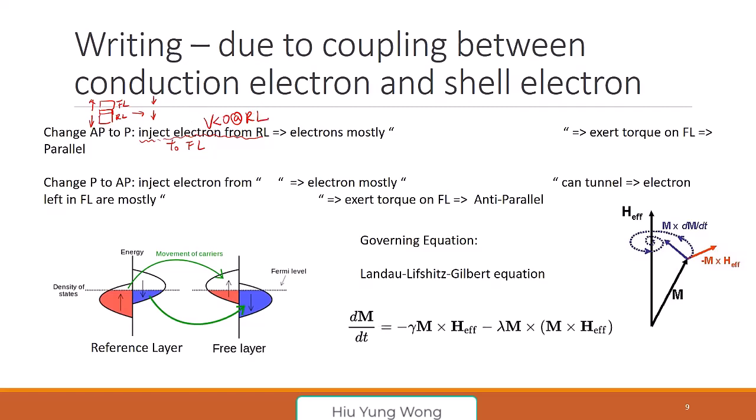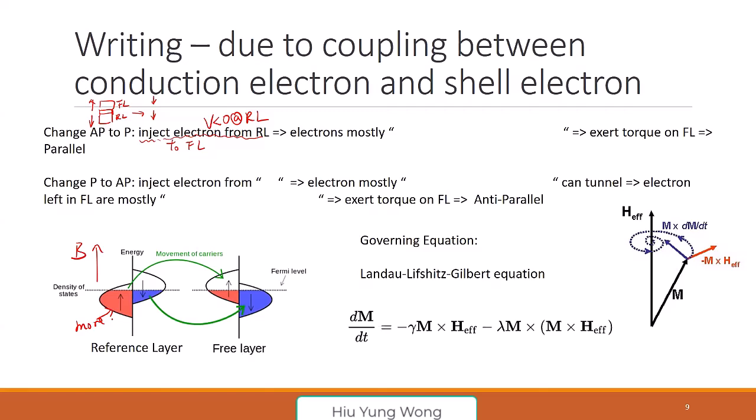When I inject electrons from the reference layer to the free layer like this, what type of electron do I have more of? It has to be the electrons in the direction of the reference layer, right? Because this is the reference layer, this is the magnetization. I have more electrons of this.